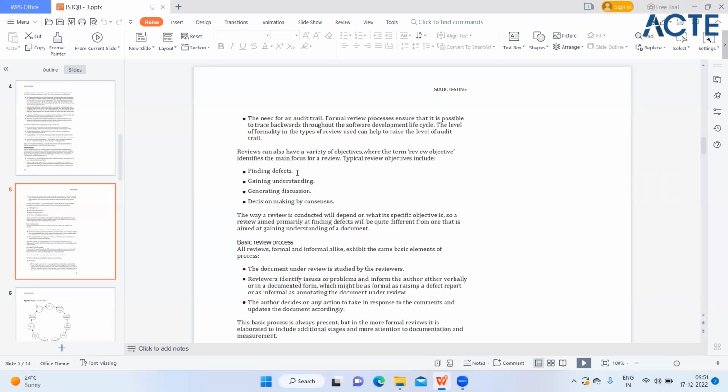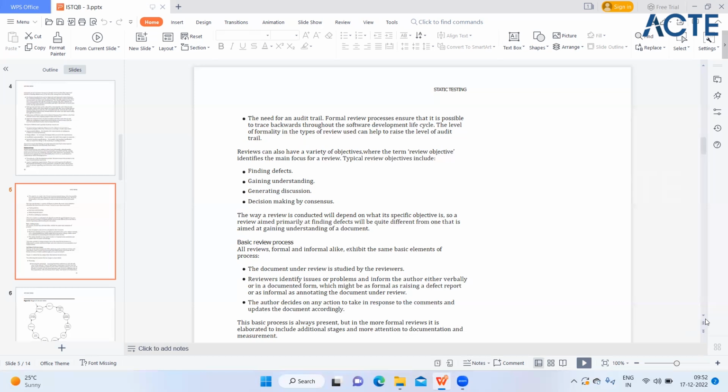There will be multiple feedbacks, and maybe some things you are not able to understand, then you will ask at the starting level itself. Maybe some things are not correctly mentioned in those documents, then you can provide your feedback, and we can correct it, then only proceed ahead with the code. So these kinds of things we can do at the review meetings.